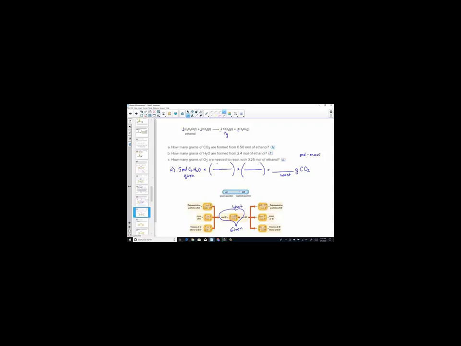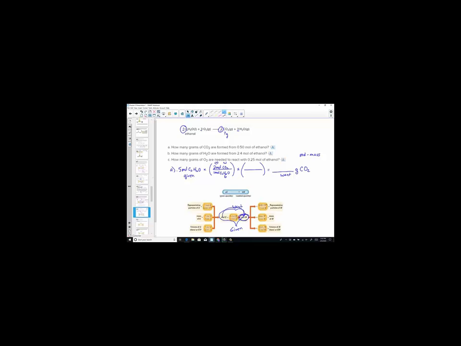Step 1, we need a mole ratio to convert from what we want over given. The coefficient of what we want, carbon dioxide, is a 2. The coefficient of what we were given is a 1. So the mole ratio of 2 over 1 brings me from moles of given to moles of want.